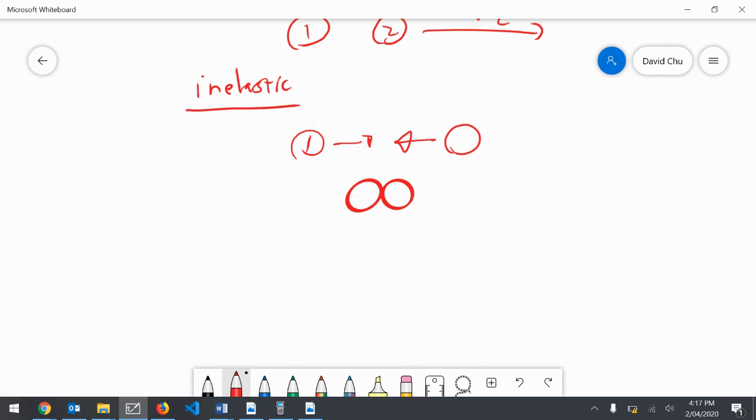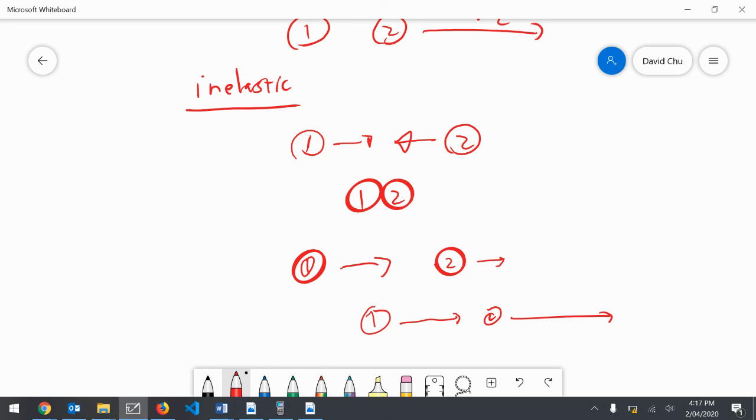You can also have this one moving, this one also moving at slower speed, and afterwards the two of them move together at a different speed. You're not going to get full kinetic energy conservation in that case.